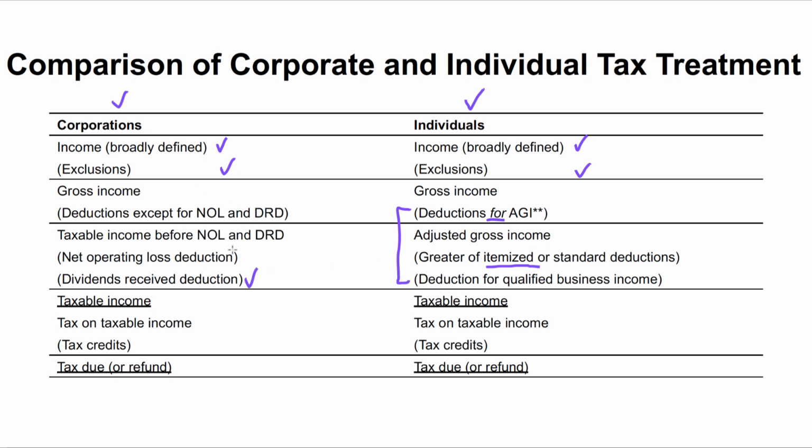Notice again, as I mentioned, that for corporations, there's no difference. If you have a deduction, it just reduces income. So we have gross income, and then those deductions will reduce gross income. Now, we might have those deductions at different places on the Form 1120, right?